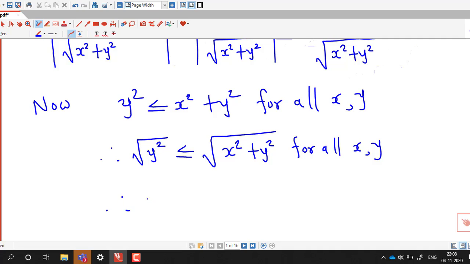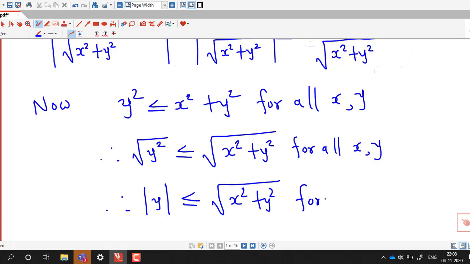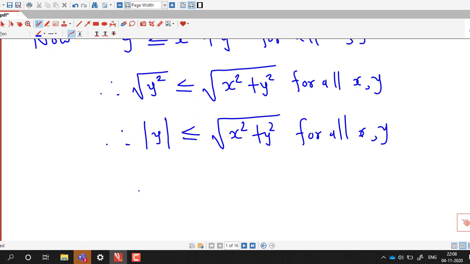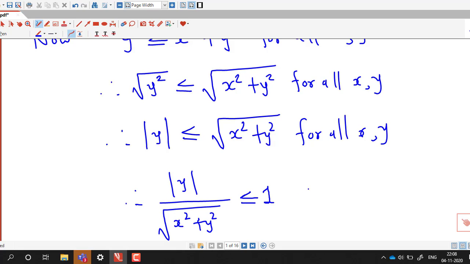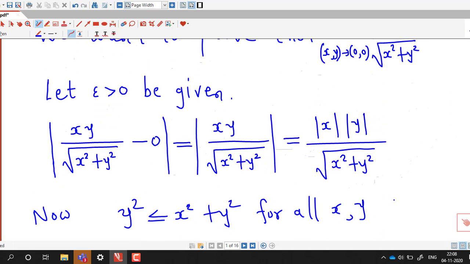Now square root of y square can be written as absolute value of y, which is less than or equal to square root of x square plus y square for all possible values of x and y. So from this we obtain absolute value of y over square root of x square plus y square is less than or equal to 1 for all possible x and y. So we can use that fact here.